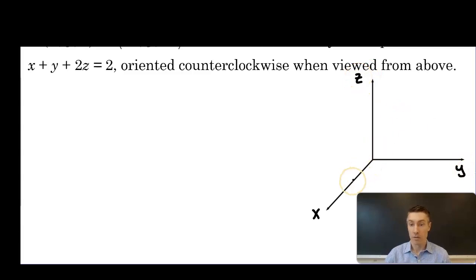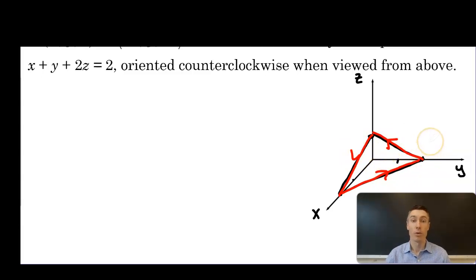So we'd have 2 on the x, 2 on the y, 1 on the z for our intercepts. So there would be the curve, right? So I'll highlight it in red just to stay consistent. So basically we have a plane, and we're going along these 3 edges, counterclockwise when viewed from above, so that's going to go in that direction.